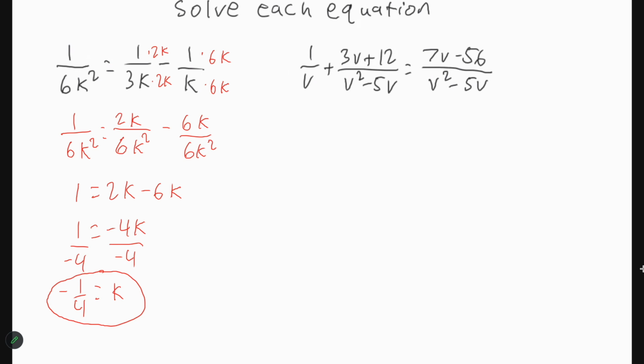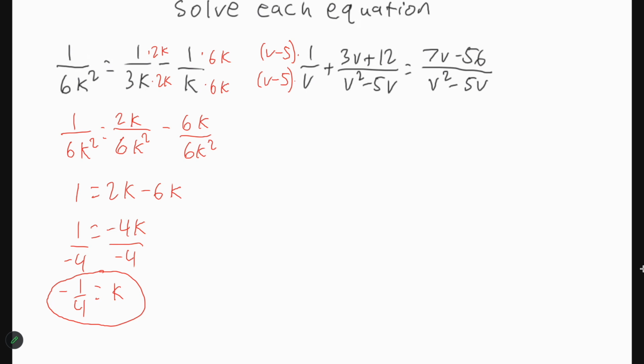So we have v squared minus 5v, which is the same thing as saying v times v minus 5. So that means we're going to have to multiply the first fraction, top and bottom, by v minus 5. So times v minus 5 over v minus 5.